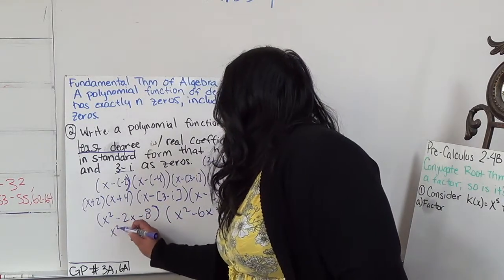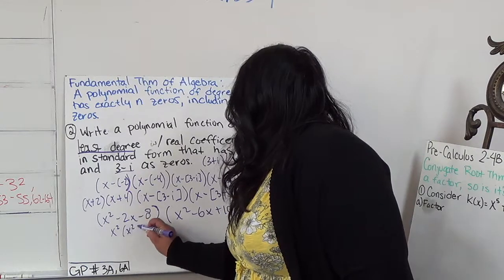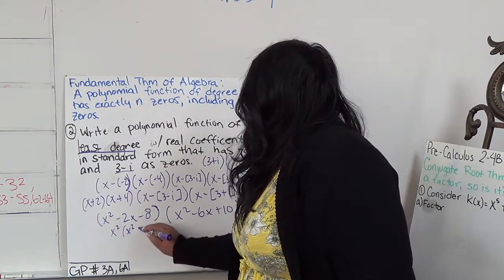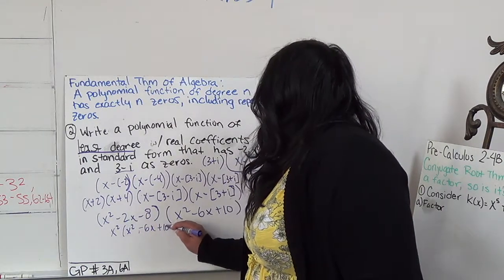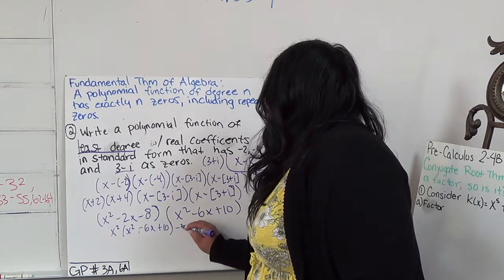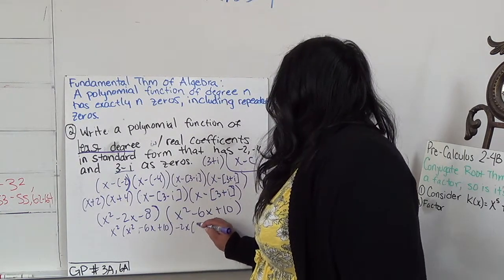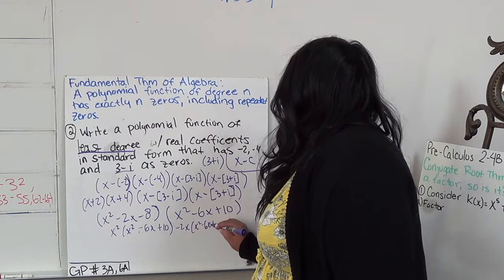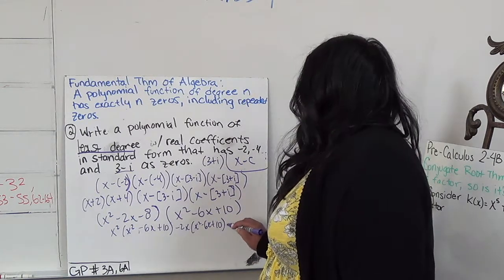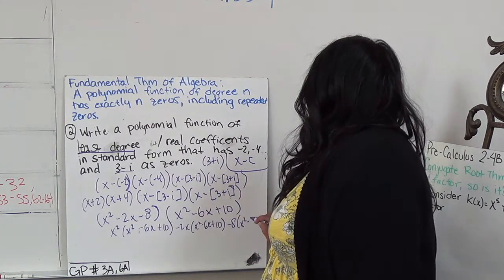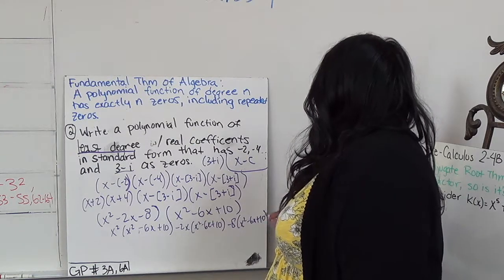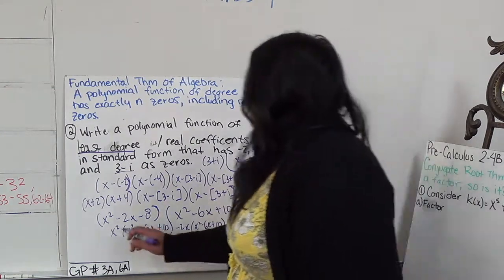So I have x squared minus 6x plus 10. Then we have -2x, x squared minus 6x plus 10, and then -8, x squared minus 6x plus 10. So with that, I multiply it out.